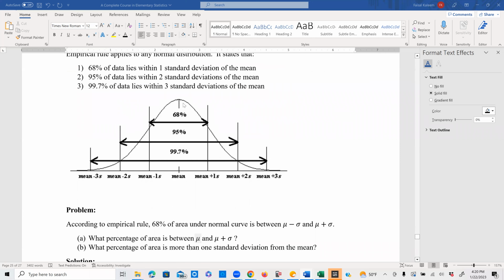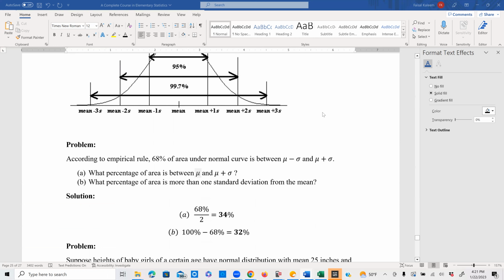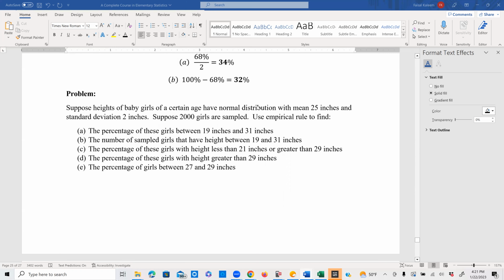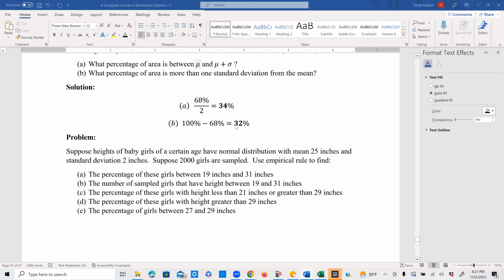And from this picture, 68% is this area within one standard deviation. So more than one standard deviation would be either on this tail or on this tail. And that would be the remainder that is left over after subtracting from 100. So 100 minus 68 is 32%. That's the area which is more than one standard deviation from the mean.